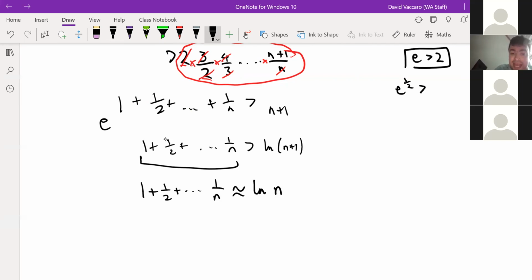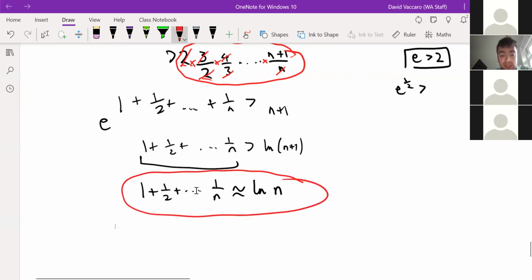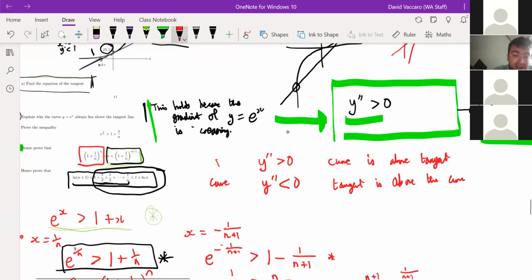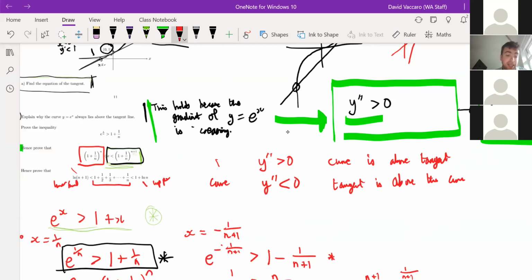With less care, I could have just written an approximation that 1 plus a half plus 1 over n is approximately the natural log of n. But what I've got here is yet again some complicated term in the middle, and then an upper bound and a lower bound. Okay, and that's the gist of that last part.